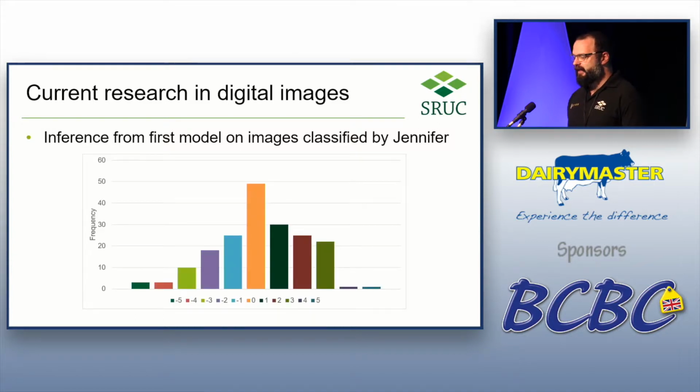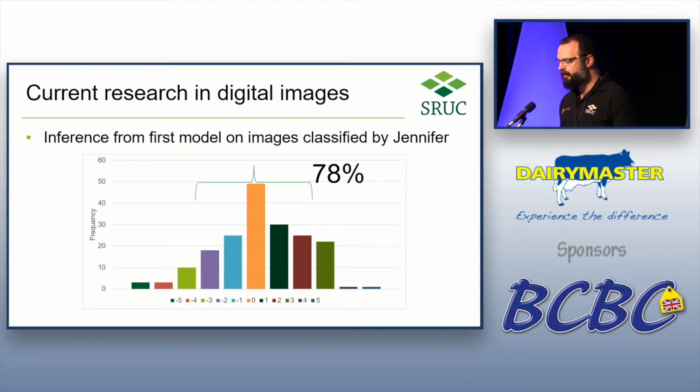But in a cross-validation, if you look at the middle bar at 0, the orange one, that is when she predicted a 5 and the model predicted a 5. The difference is 0, and so we did a cross-validation and tried to see there. You can see it's sort of a normal distribution, but it's quite flat.